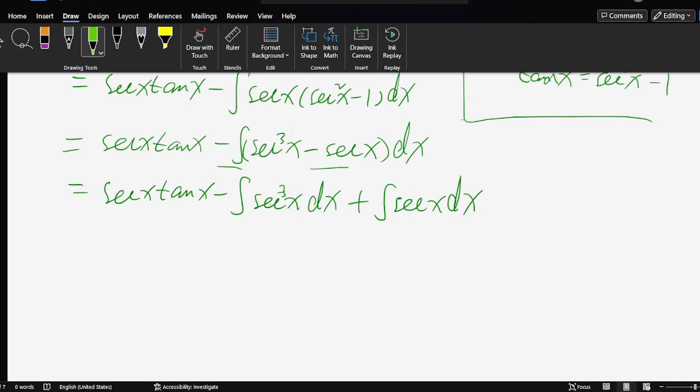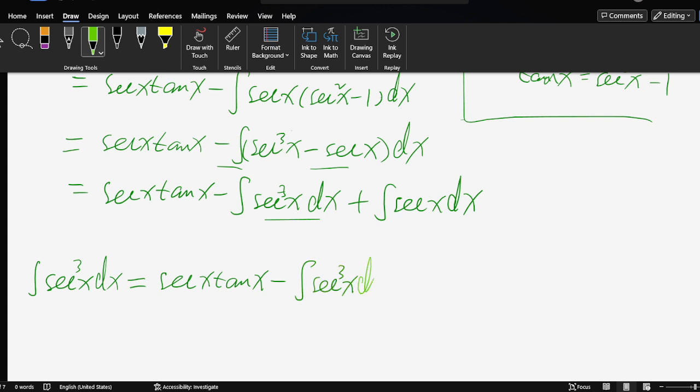So we first rewrite here this secant x squared, secant x cubed. And the left original is, I copy that. Secant x cubed. This original question equals secant x times tangent x minus secant x cubed dx plus secant x dx.